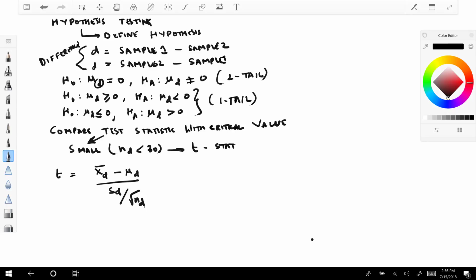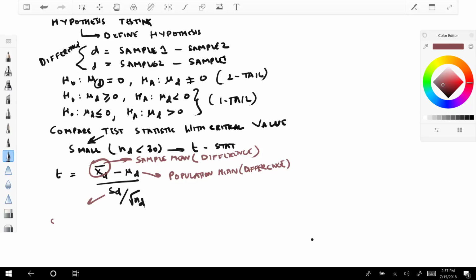Here xd bar is the sample mean of the difference, mu d is the population mean of the difference, and sd is the standard deviation of the difference.